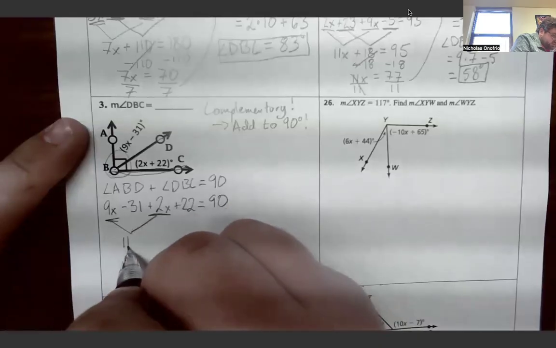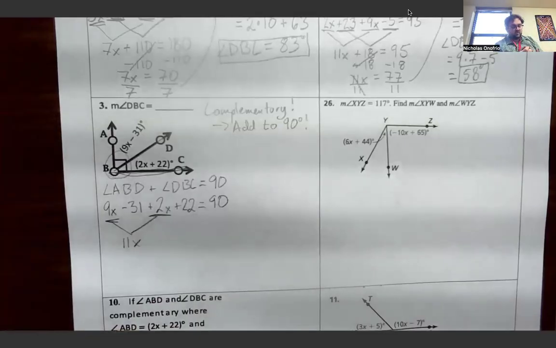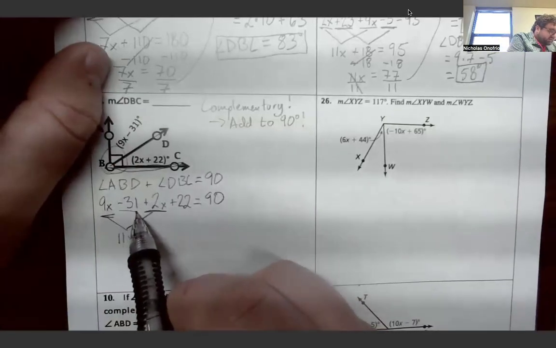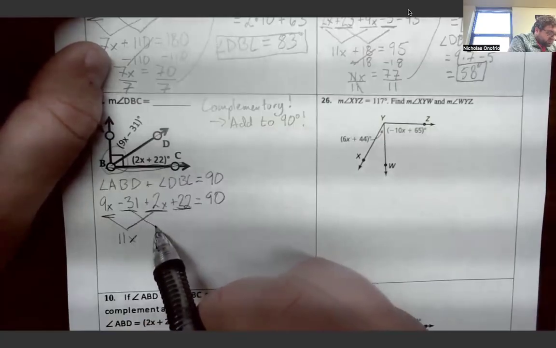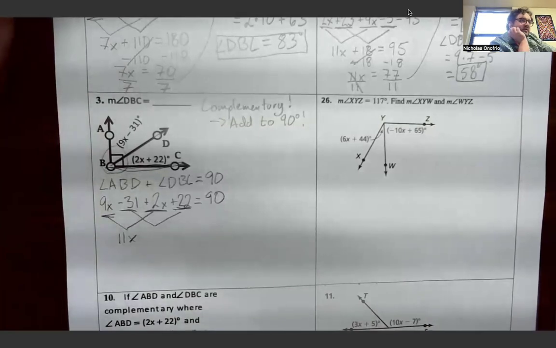9 plus 2 is 11. Now be careful. This next one can trip people up. One of the biggest mistakes I see here is when we have a negative and a positive. When I'm combining these, I read this as negative 31 plus 22. I put it in a calculator and I get negative 9.